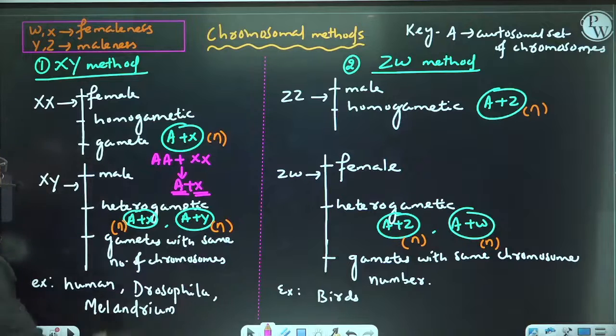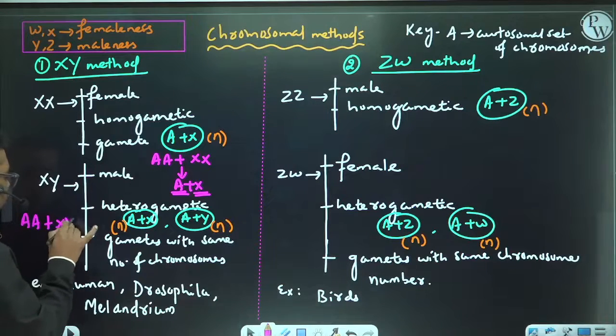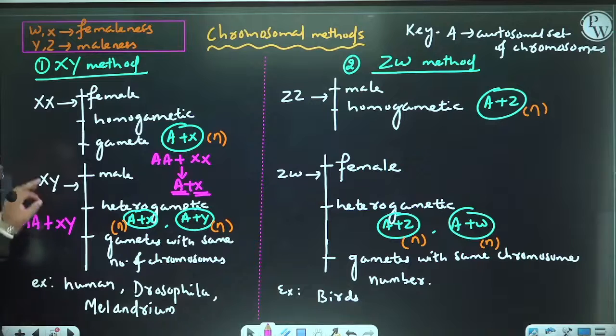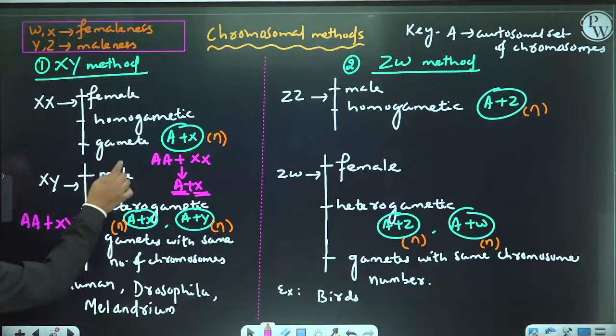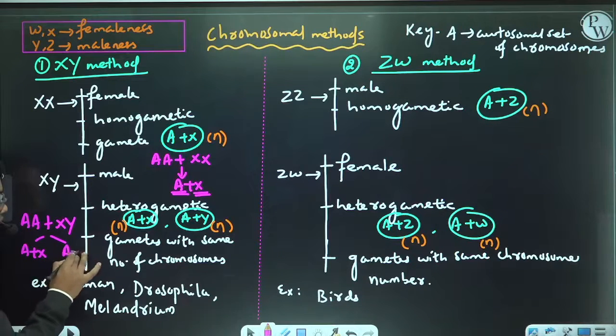And if the individual has 2 autosomal sets and 1 X chromosome and another Y chromosome, then that individual will be male and will produce 2 types of gametes. One gamete will contain 1 autosomal set and 1 X chromosome, and another gamete will contain 1 autosomal set and a Y chromosome.